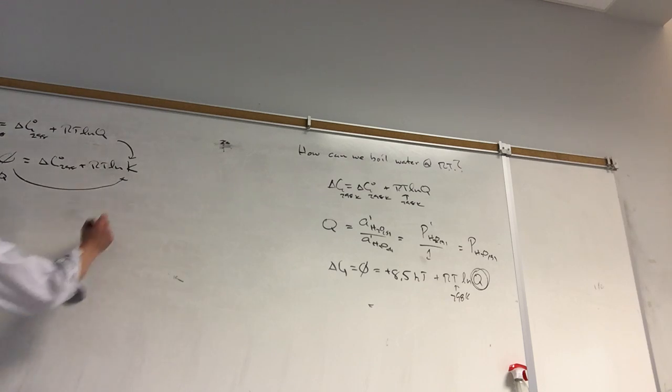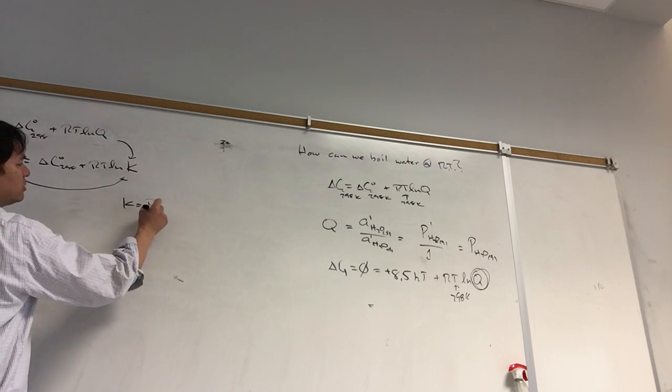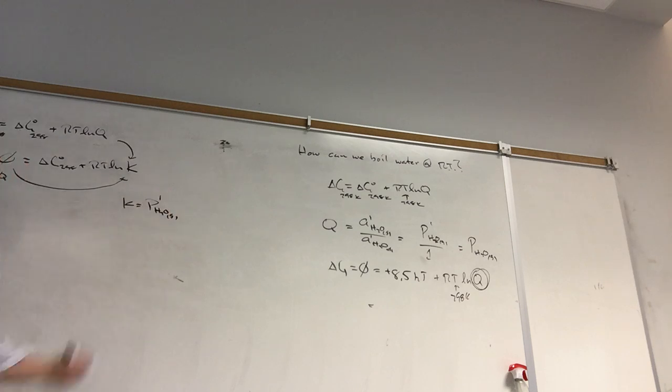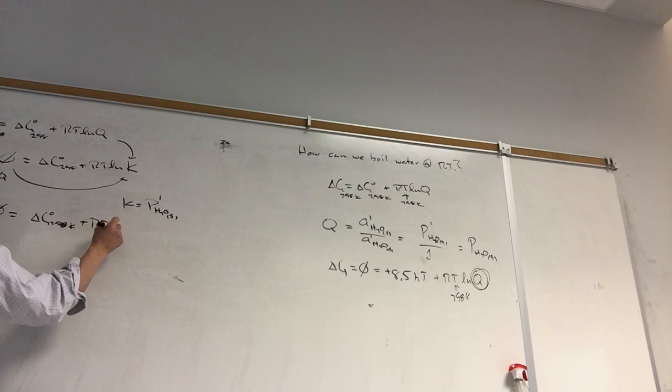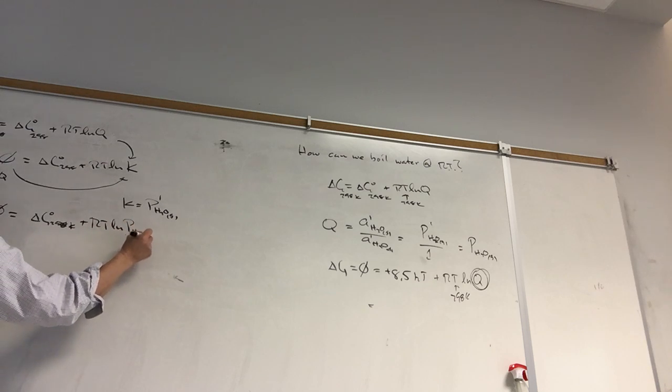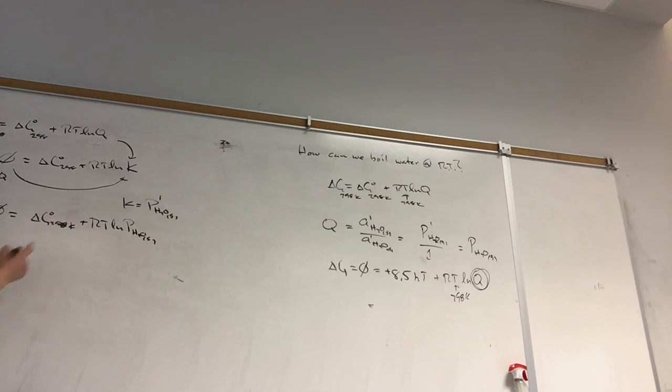Well, what is K? K is just the partial pressure of H2O gas, raised to the first power. So 0 is equal to delta G naught at 298 Kelvin plus RT ln of the partial pressure of H2O gas. And then we solve this.